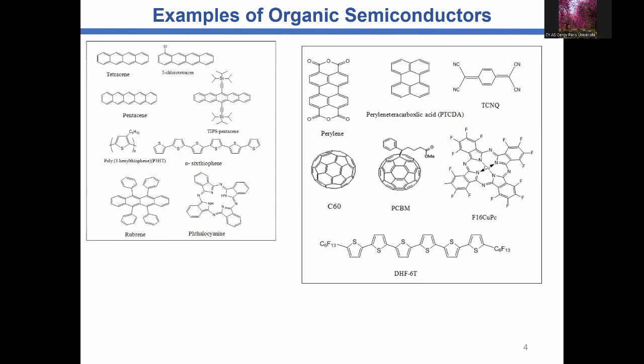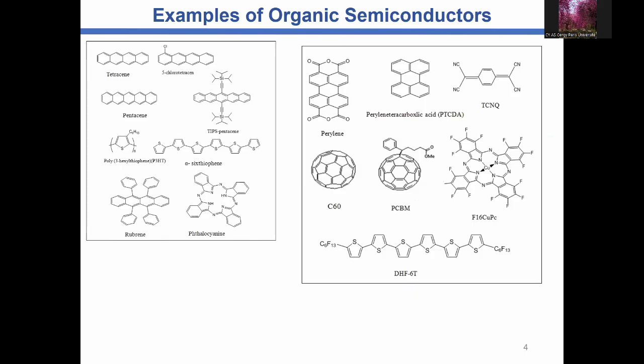So this is one of the examples. We also have materials that can be acting as just conducting layers, or also blocking layers such as HTL, hole transfer layer, or ETL.